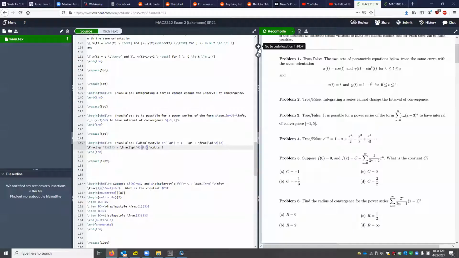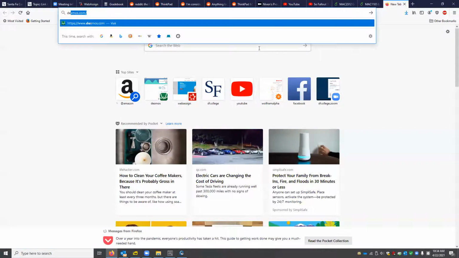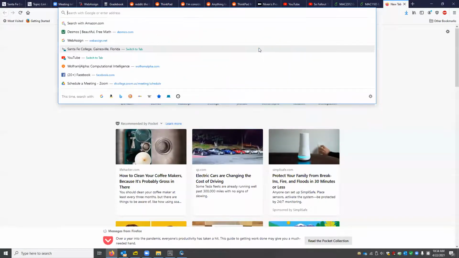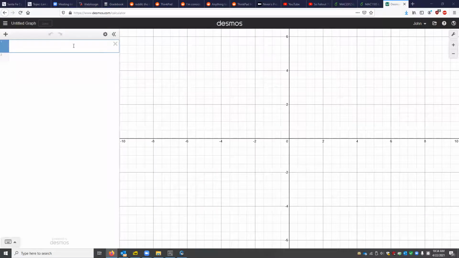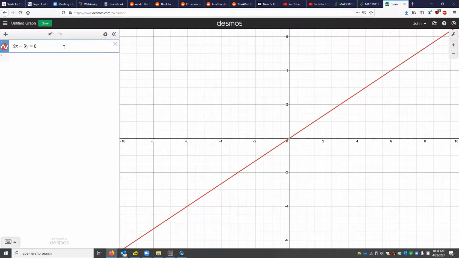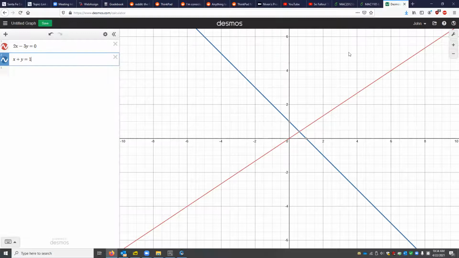So yeah, this is Calc 2, you guys can see that. 2x minus 3y equals 0 looks like this. And x plus y equals 1 looks like this.